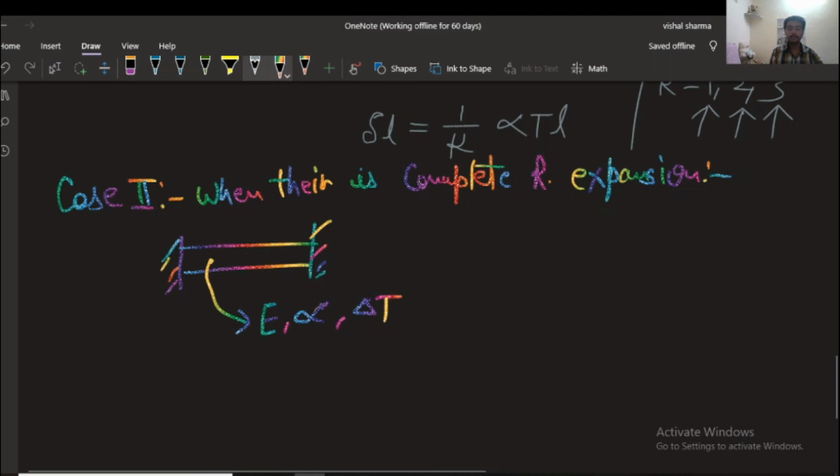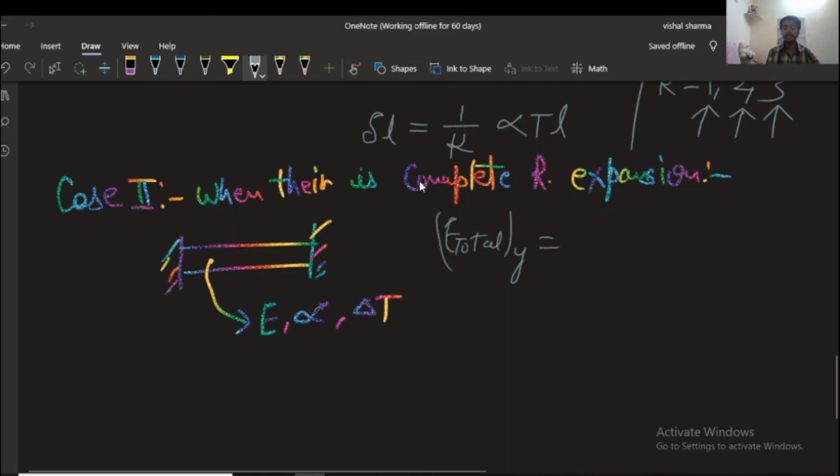So in this case, we consider the strain in the y direction, because in the x direction there is no strain and no change in length, so it will expand in the y direction.